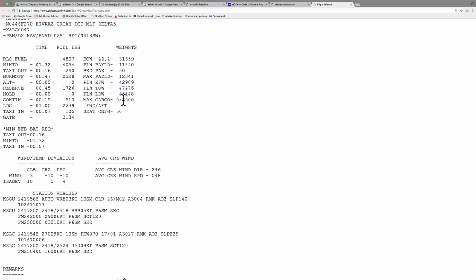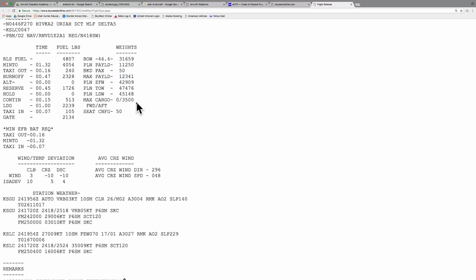So this max cargo, we don't necessarily plan what's getting put into the cargo bays as dispatchers. The captain actually puts those numbers in, and he'll run his takeoff data, and that's why we have this max payload weight.